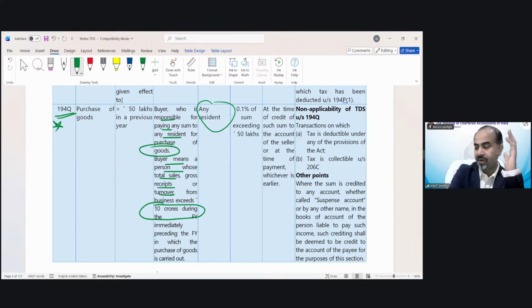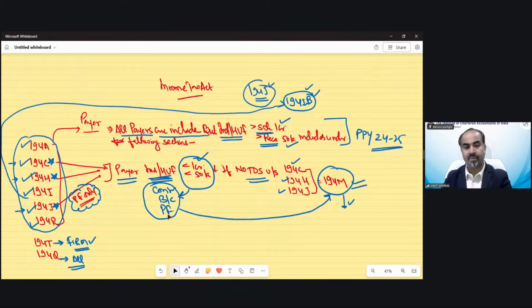You must remember, in today's diagram, I have mentioned over here section 194T from partnership firm payer and 194Q is specific. Why? Because this requires more than 10 crore turnover in the preceding previous year for the applicability of section 194Q.